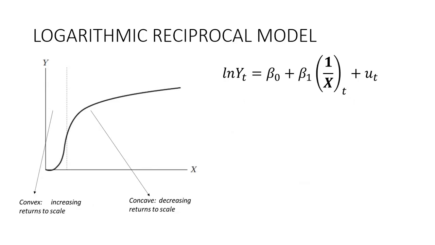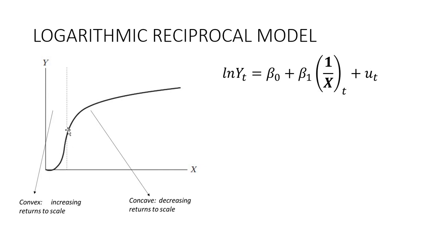Okay, finally you have the logarithmic reciprocal model, which has this weird shape, and in this case you have to take the log of the dependent variable and the reciprocal value of the independent variable. You can notice that this function has a nice property.